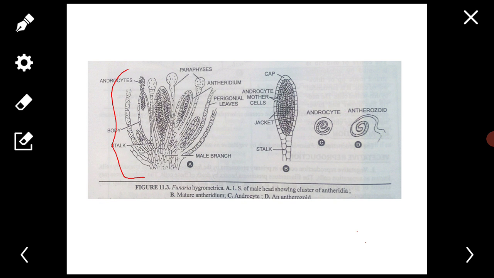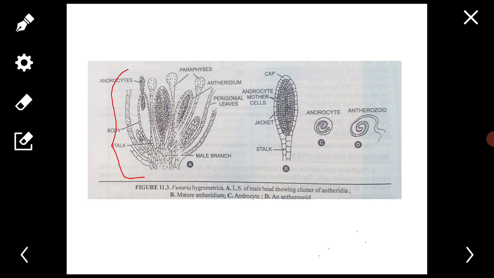The formation of sex organs is induced under certain critical low temperature, whereas specific photoperiods have no effect, meaning duration of light has no effect.